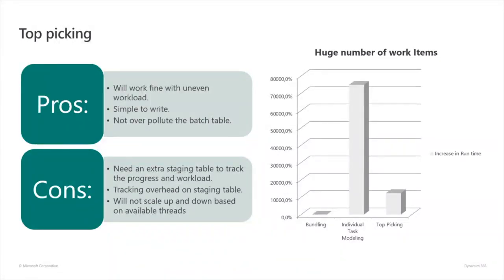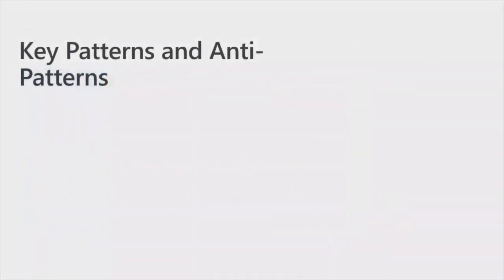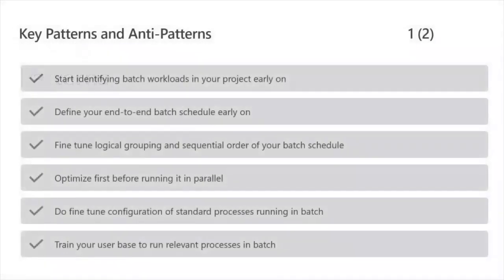So emphasize these principles or approaches, and there's a really good blog post series out there, and you find links to it at the end of this presentation. Next slides, I will walk you through some high-level key patterns and anti-patterns.